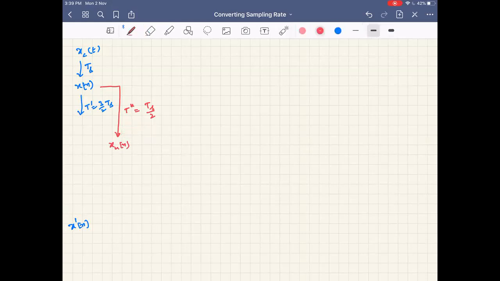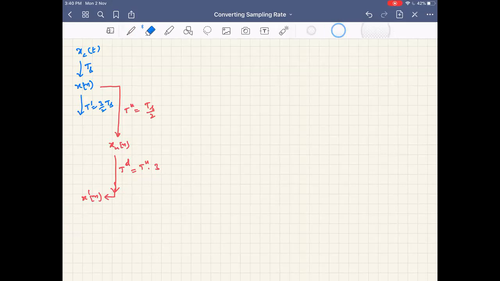I will perform downsampling now, with T_d equal to T_u into 3, that is, downsampling by 3 times. So I get effectively finally x'[n]. Okay, so this is what I would like to get.